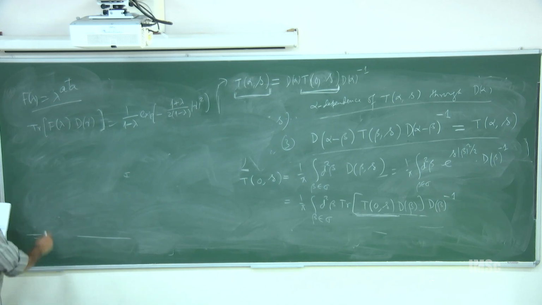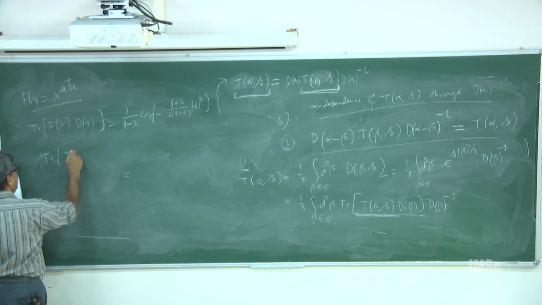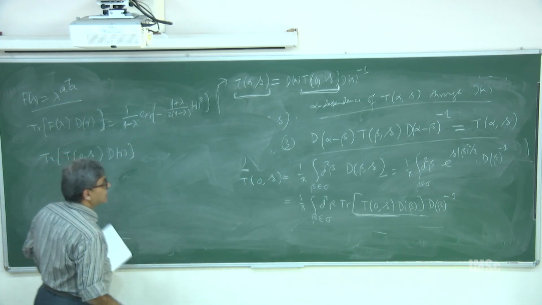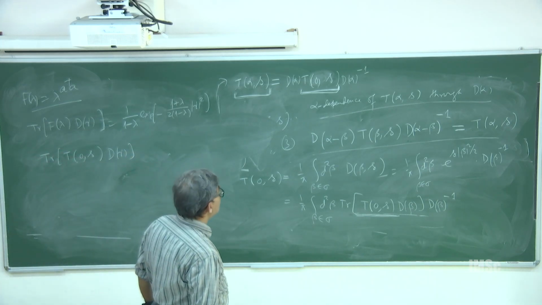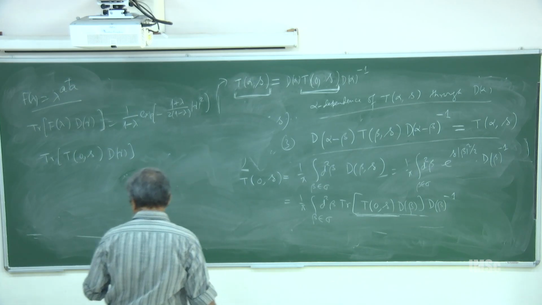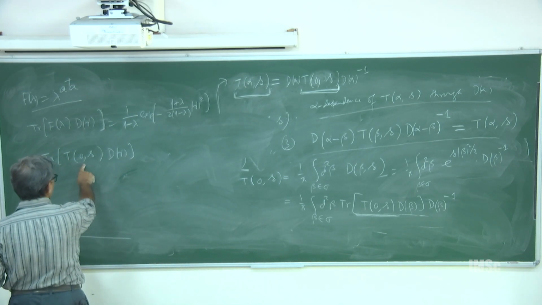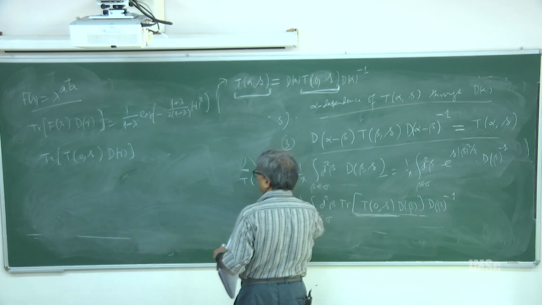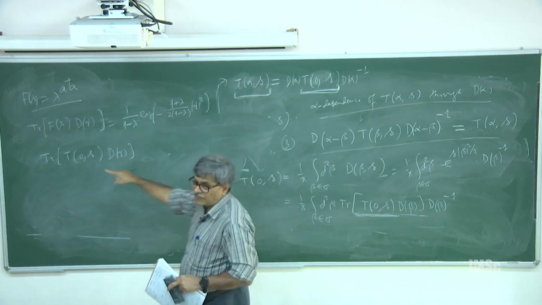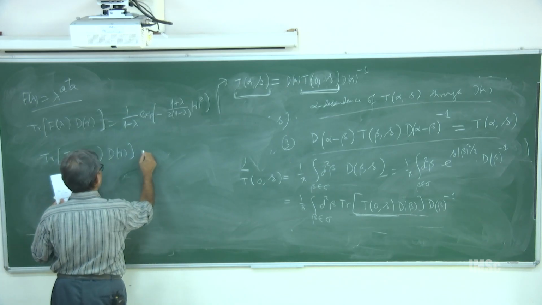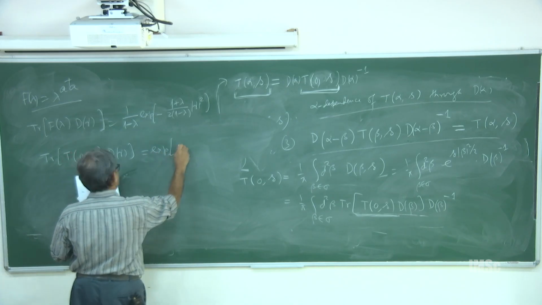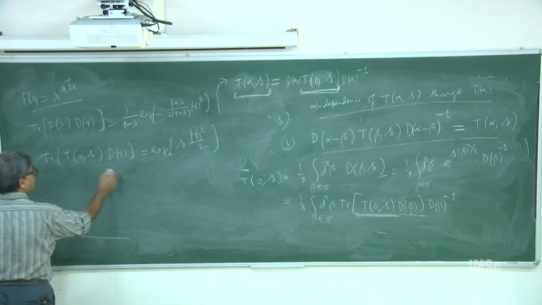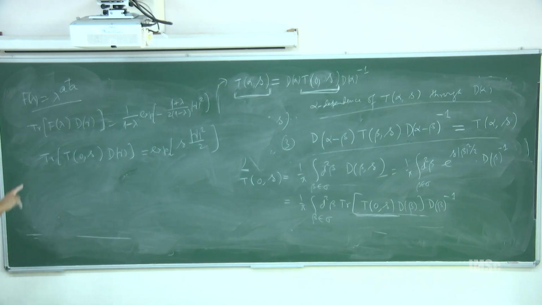Now, if you look at the trace of T of 0 s and D of gamma, you use the definition of T of 0 s, multiply by D gamma and then take the trace. This is also like exponential of s gamma square by 2. If you calculate things, this is what you will have. Now you see a similarity.